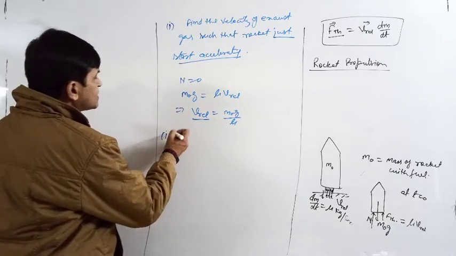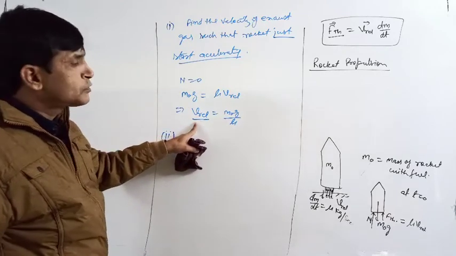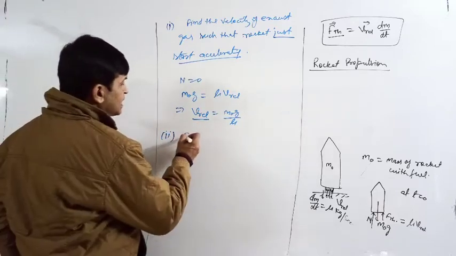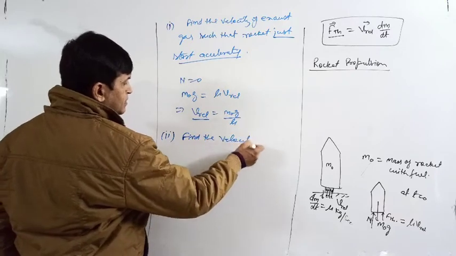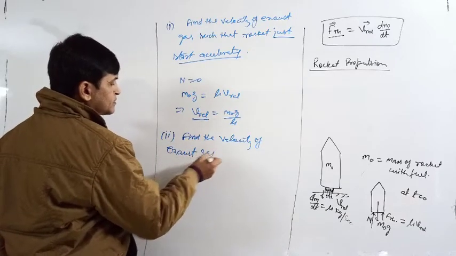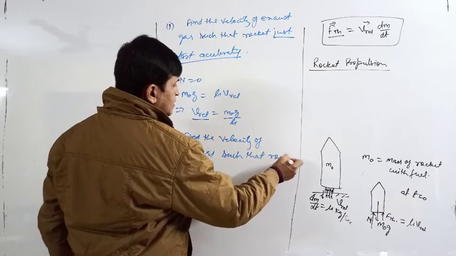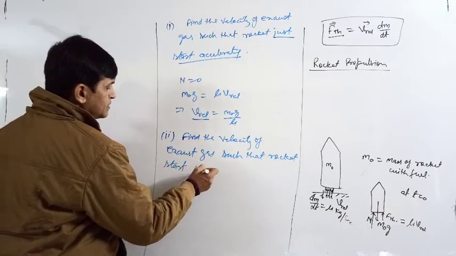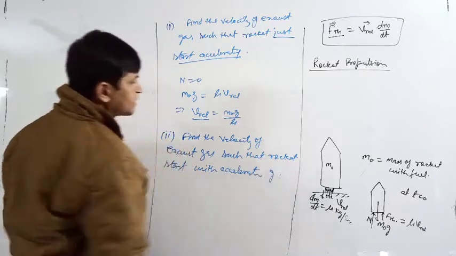Similarly, they can ask to find the velocity of exhaust gas such that the rocket starts accelerating with acceleration g.